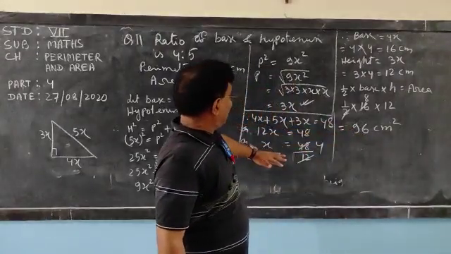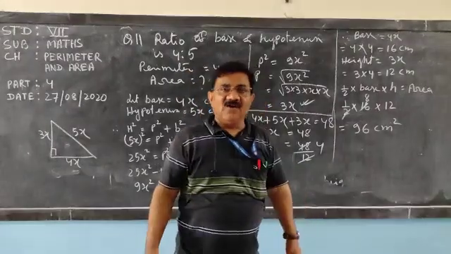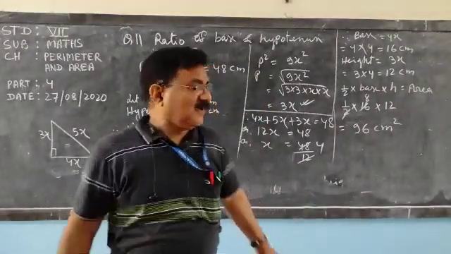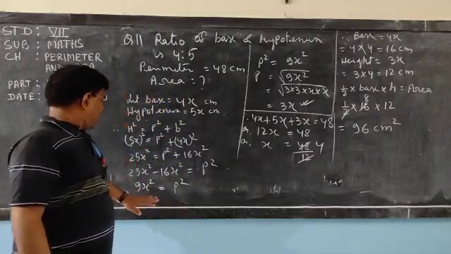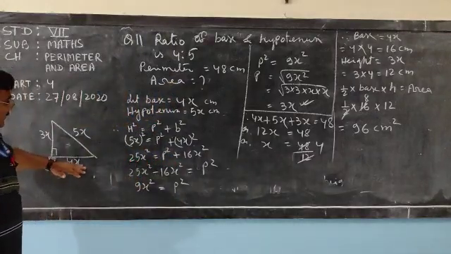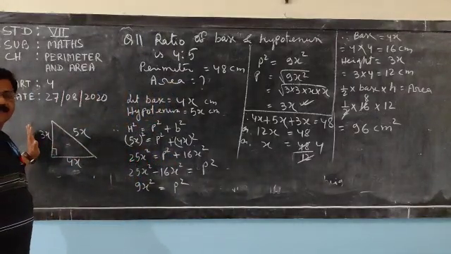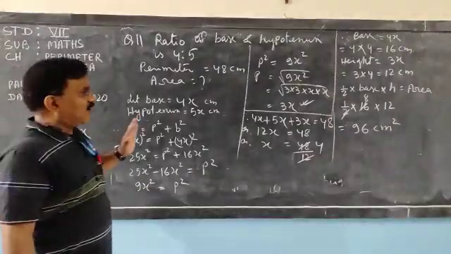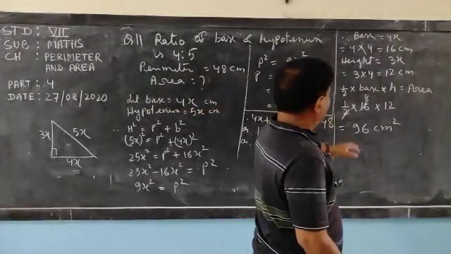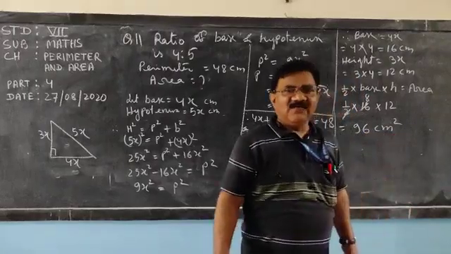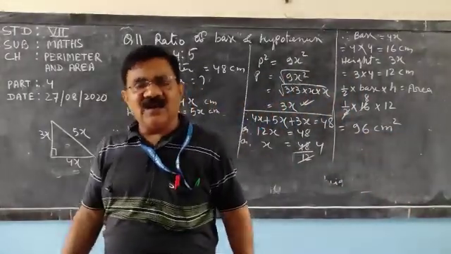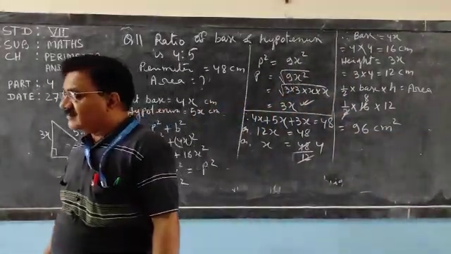This way we got the value of x, and value of x is 4 centimeter. Now 4x means 16 and 3x means 12. We have got the base and height, and this way we can calculate the area of this triangle.